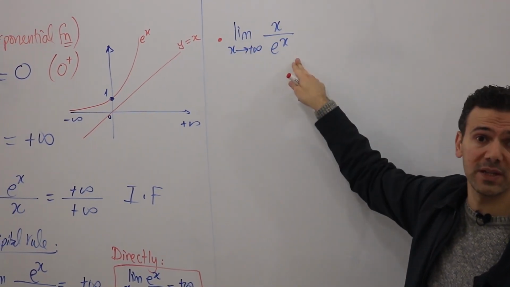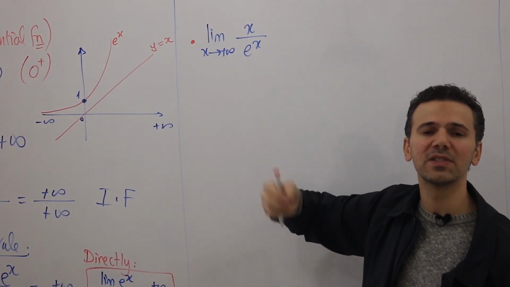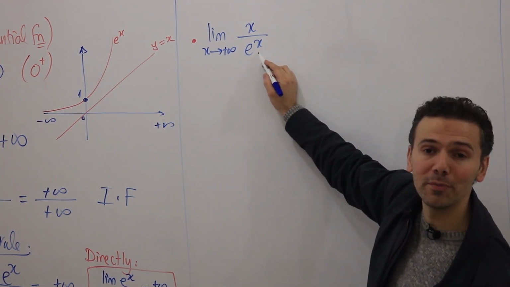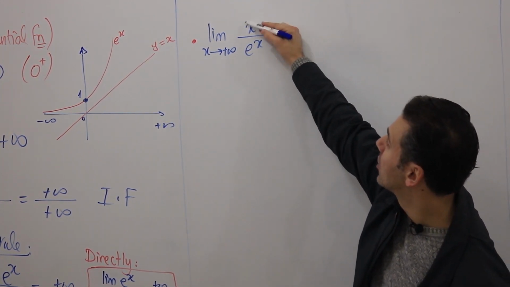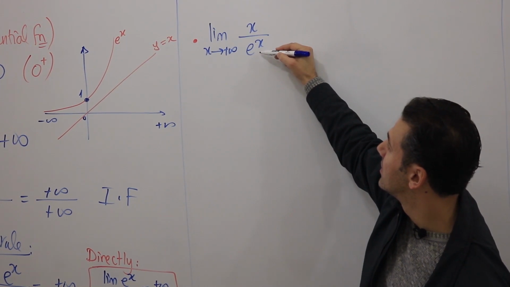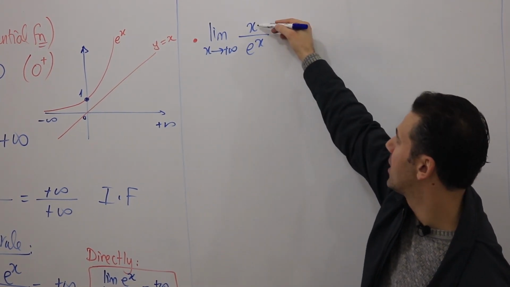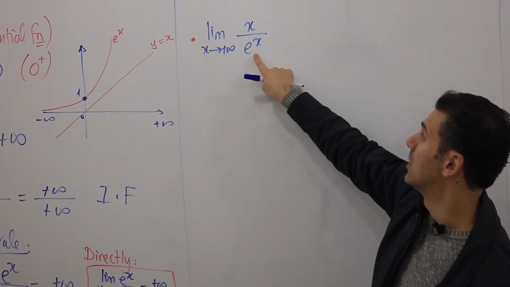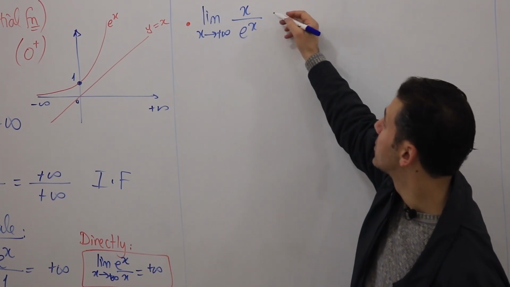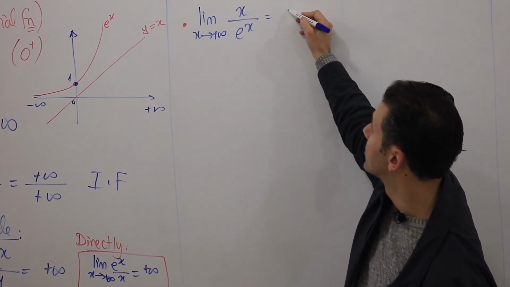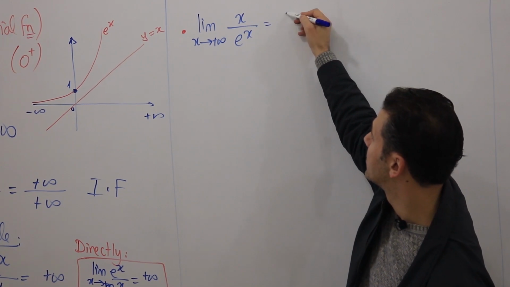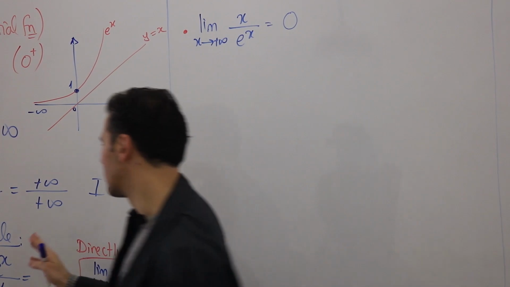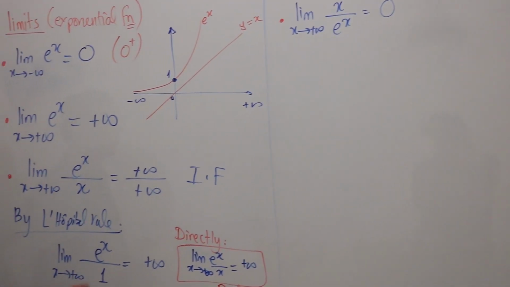Although they both go to plus infinity, one of them reaches plus infinity faster than the other, which is the denominator, sorry. It will be constant over infinity. 100 over e^100, 1000 over e^1000. e^1000 is a very, very large number compared to x. So we can directly say that the result will be one constant over infinity, as you know, it will be 0. Or you may prove this by using L'Hopital rule, as we saw before.